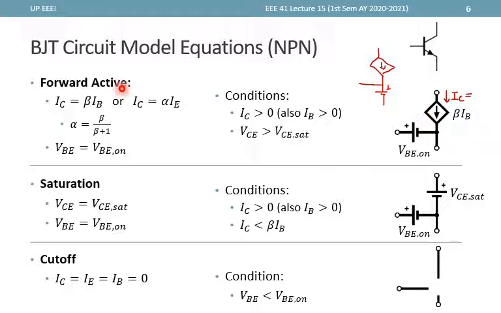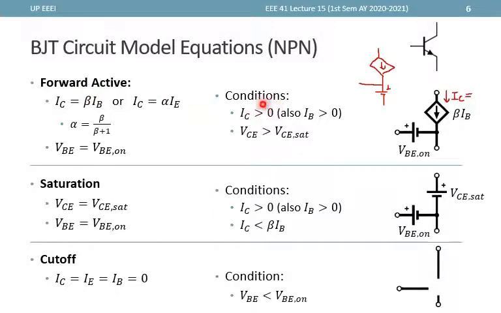Okay, so just like in our diodes, when we say assume its operation, we need to check some conditions. And for our BJT under the forward active case, specifically for NPN, IC must be greater than 0 or positive. And this means that IB must also be greater than 0. Although sometimes IB is equal to 0 when beta is infinite, since IB is equal to IC over beta, which will approach 0 when beta is assumed to be infinite.